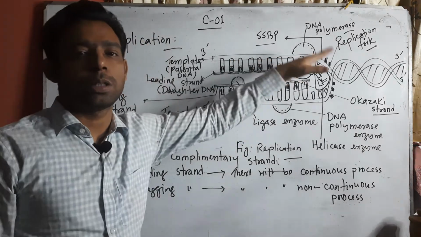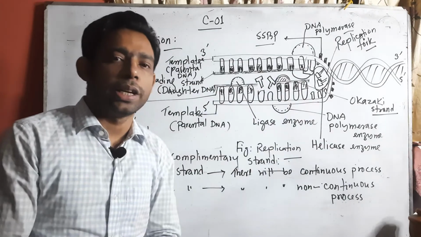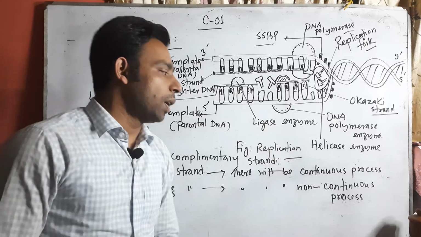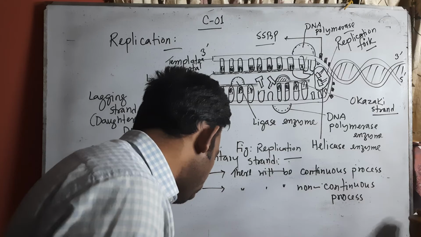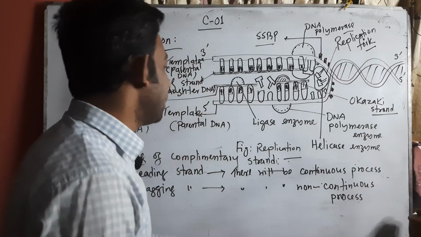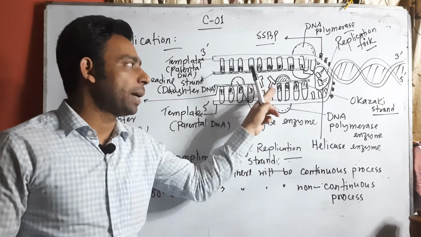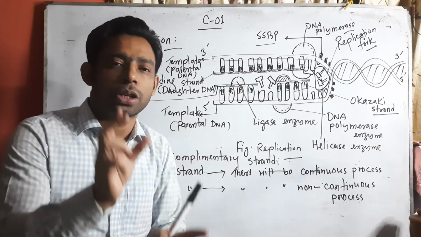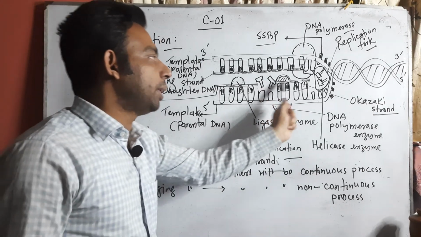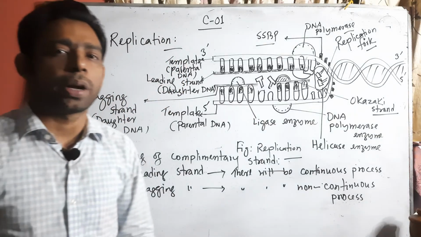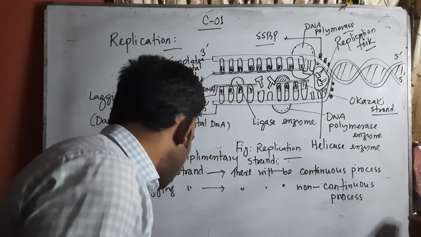So the leading strand always makes sure it is 100% okay, and the lagging strand does not maintain 100% continuity. We can also see some strands, the template and complementary strand, getting some separation, some segmentation, and those parts are known as Okazaki fragments or Okazaki segments, you can say. So these types we can also get.